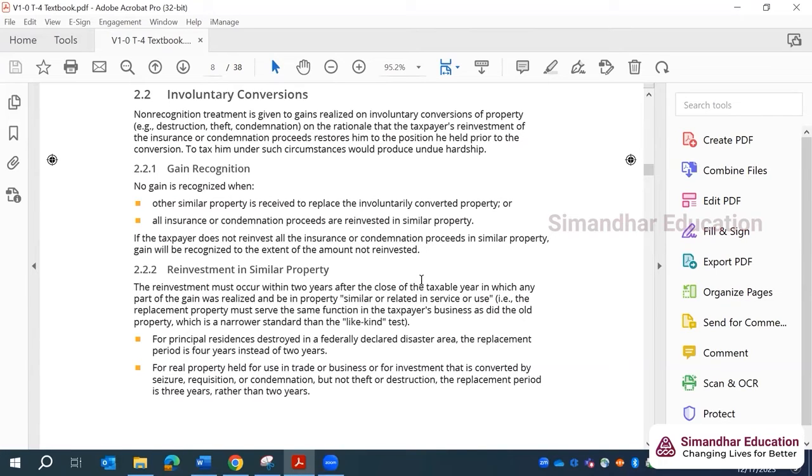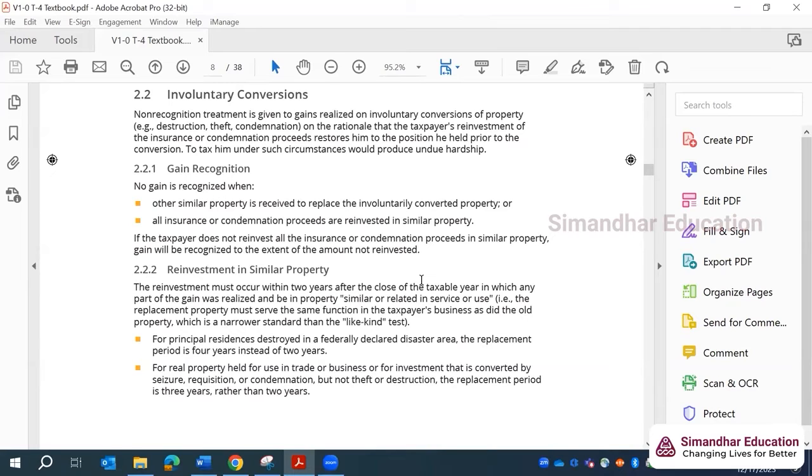But if there is a loss in the transaction, then you recognize and report the loss and the transaction is done. So under involuntary conversion, the only thing that you are able to defer is gain. Losses you will recognize immediately and you will be done with the transaction. Now, involuntary conversions are applicable to individual taxpayers. Involuntary conversions are also applicable to business entities.